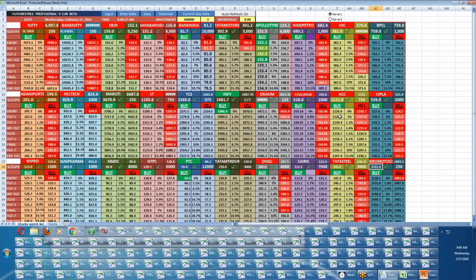The buy side did make its intermediate target, but in case it has hit a stop loss, now we have covered that particular trade here on the sell side. So you can exit all your buy positions. Nifty is down by 60 points.